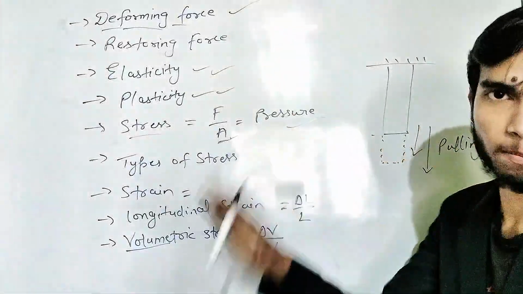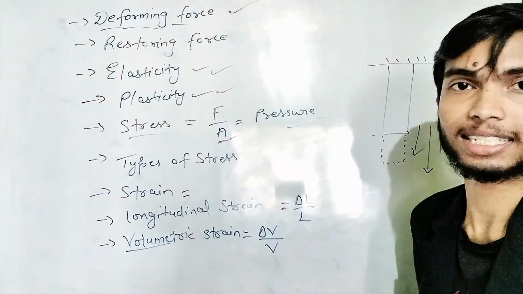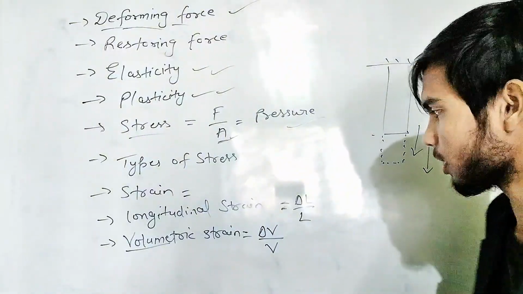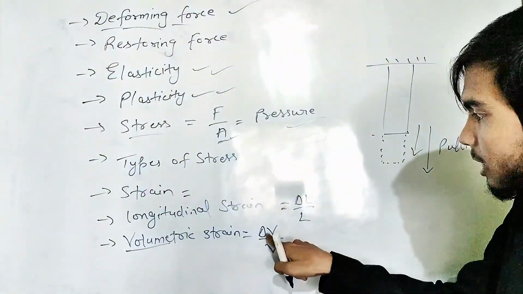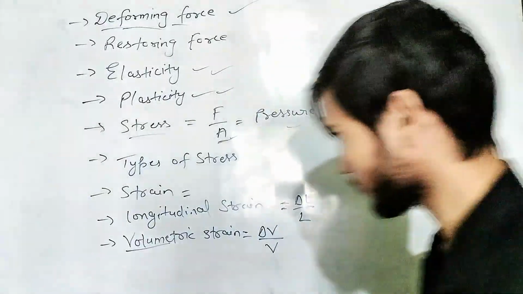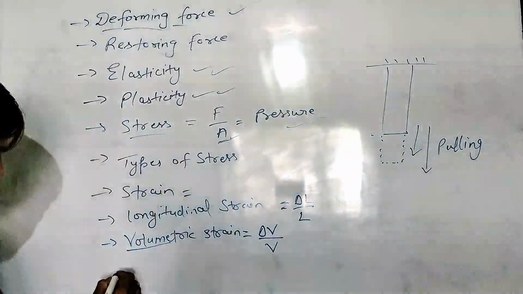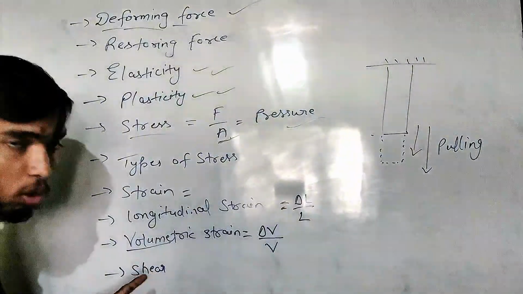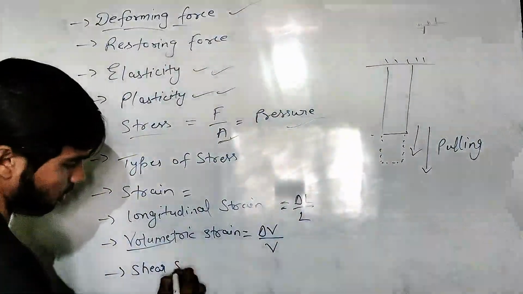When the force was applied on the body, how much did it change in terms of volume? We compare this with the original volume. Clear? Got it? Now next we have shear, or tangential strain.